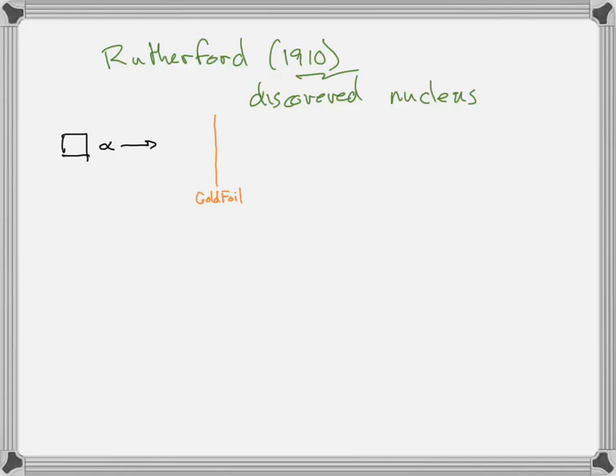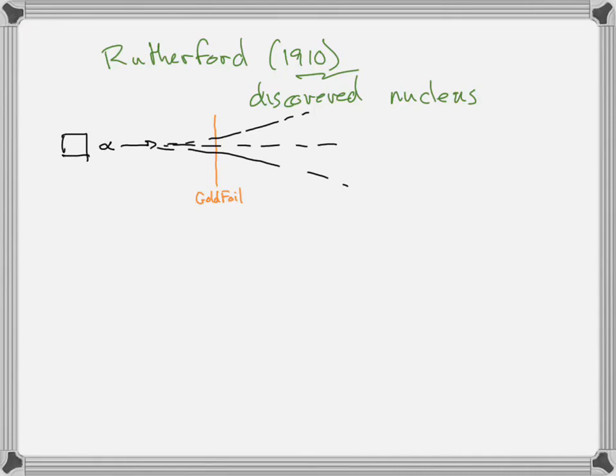And indeed, what they generally saw was that alpha particles would go straight through, and they had a detector that went all the way around the gold foil, and they would see some alpha particles get deflected in various directions, depending, as we now know, on how close it got to a nucleus of the gold foil, and most of the particles traveled right through with little deflection.